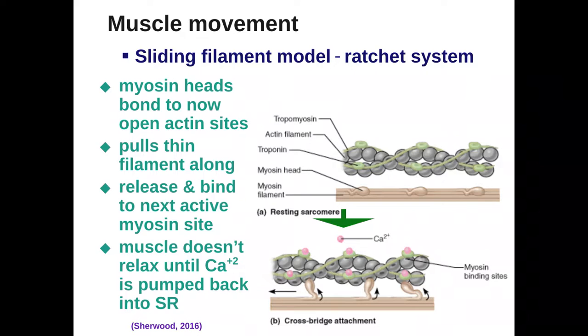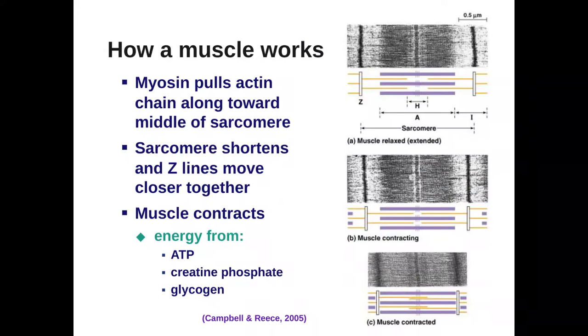Okay, so again, it's the calcium that allows the troponin to move, and the tropomyosin exposing those heads. Then the myosin globular heads can bind and eventually move that actin inward. So if we look here, our purplish is going to be your myosin.